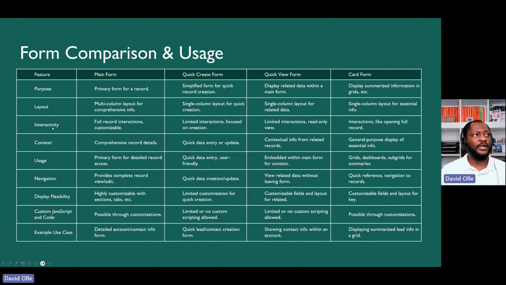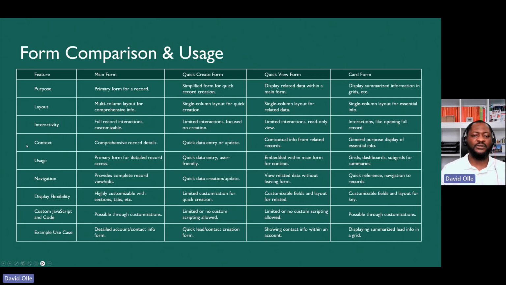In terms of layout, the main form is multi-column and complete for comprehensive information, while quick create, quick view and card forms are single column for essential information. In terms of interactivity, the main form has full record interaction and is customizable. The quick create form has limited interaction, focused on creation. The quick view form is read only, and the card form has interaction like opening the full record. So that's what you could do.